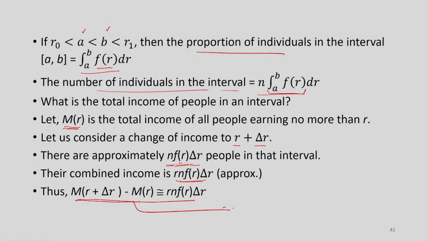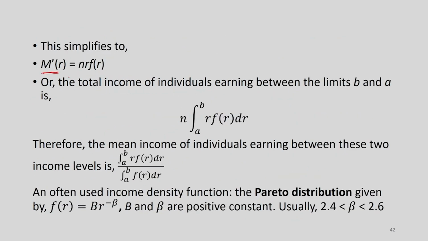So, from here I get m of r plus delta r minus m of r divided by delta r, limit delta r going to 0. On the right hand side, it is simply r n and f of r, and this is nothing but m dash of r. So, that is what I have written here.